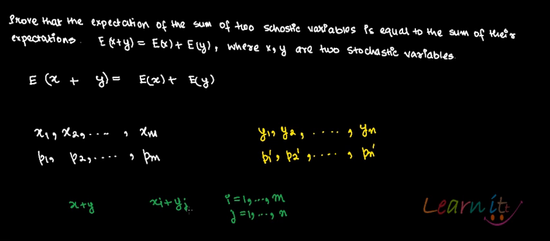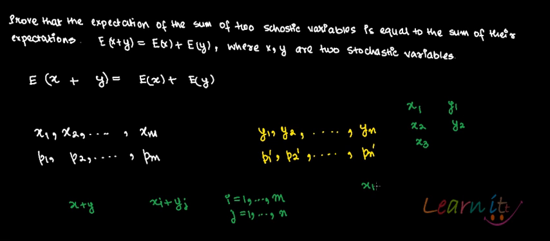I'll just give you one example. X can take three values: x1, x2, x3, and y can take two values: y1 and y2. You have to get the new variable.